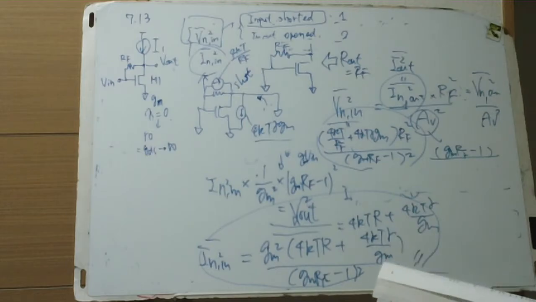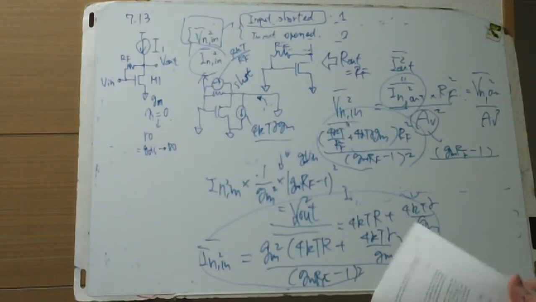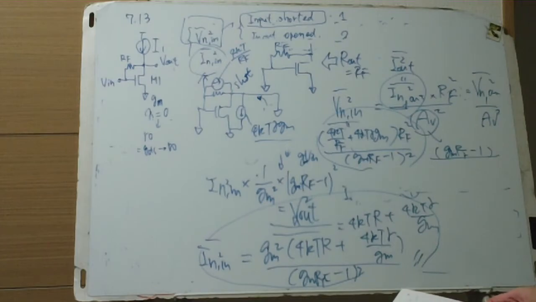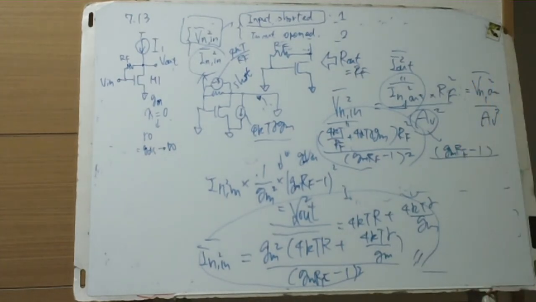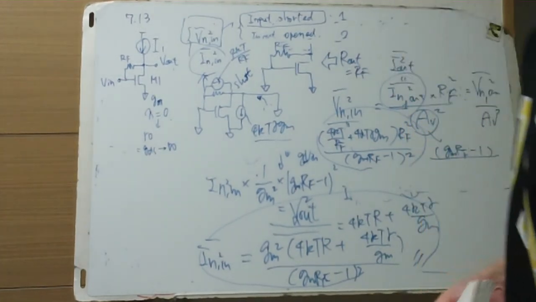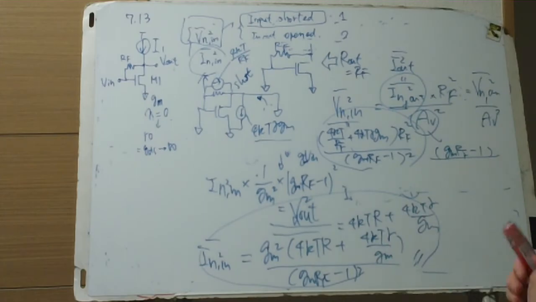The result: Vn equals (4kT over R plus 4kT gamma GM) divided by (GM minus 1 over RF) squared. We need to transform the expression.